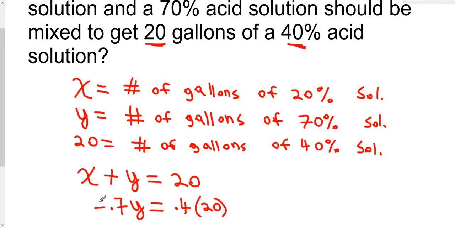And to that, I'm going to add the amount of pure acid that comes from the first solution, the 20% solution, which is 20% of X, or 0.2X. So here I have X gallons of solution plus Y gallons of solution equals 20. And here I have 0.2 times X gallons of pure acid plus 0.7 times Y gallons of pure acid equals 0.4 times 20 gallons of pure acid.